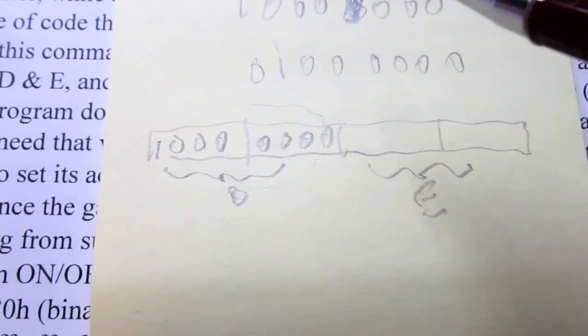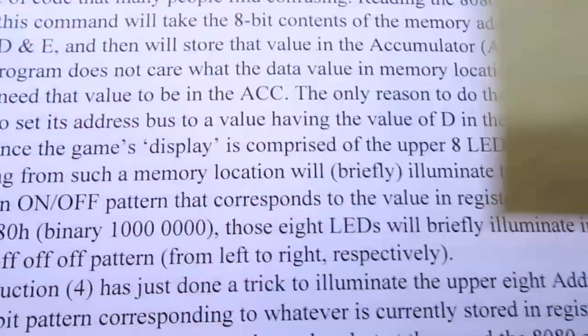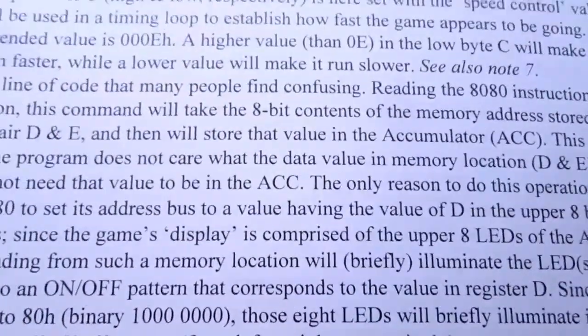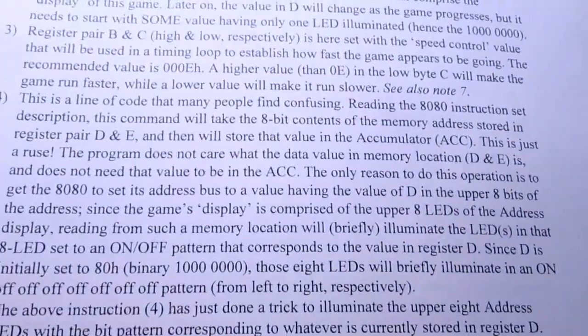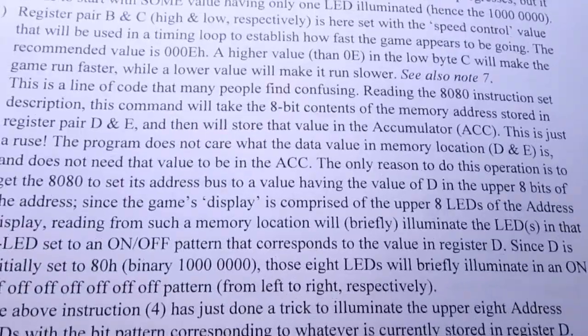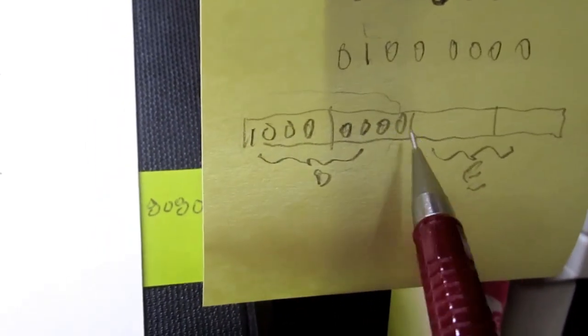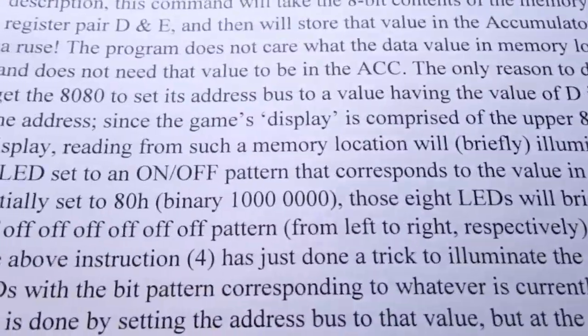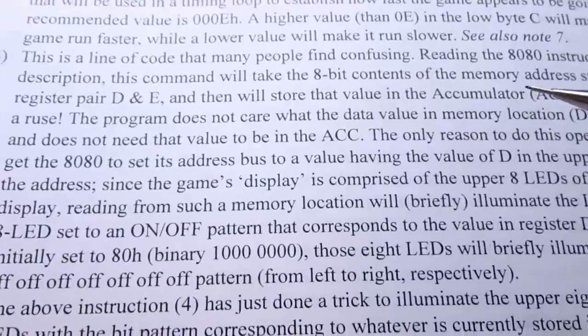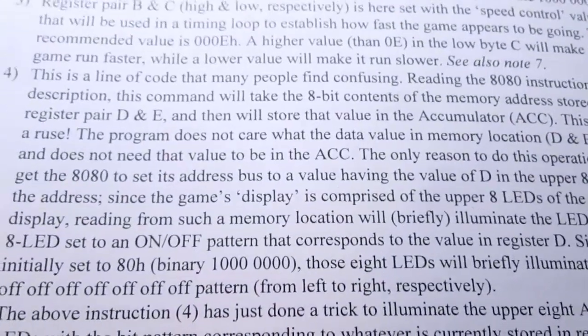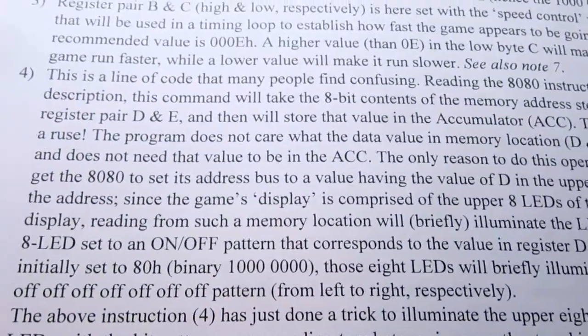So by running that instruction, even though it seems to be going and getting data from memory and storing it in the accumulator, that's all just the ruse to get the address bus to this pattern and therefore turn on those LEDs on the front of the computer. But, you know, the microprocessor is fast, and it's going to do that so fast you won't even know that it's happening.